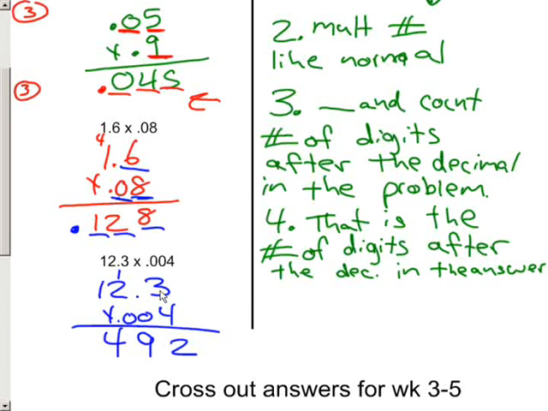Now let's count decimal places. 1, 2, 3, 4 in the problem. 1, 2, 3, 4 in the answer. Now I don't want to leave this as a blank. I'm going to put in a 0. Let's double check. 1, 2, 3, 4, and 1, 2, 3, 4.